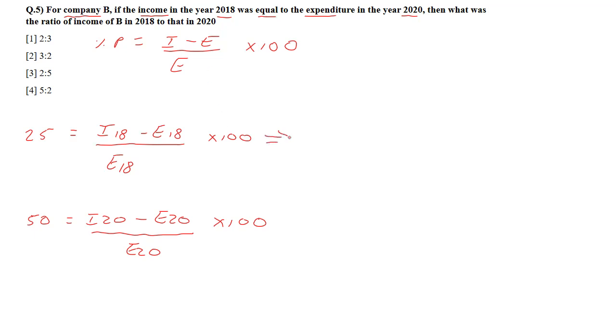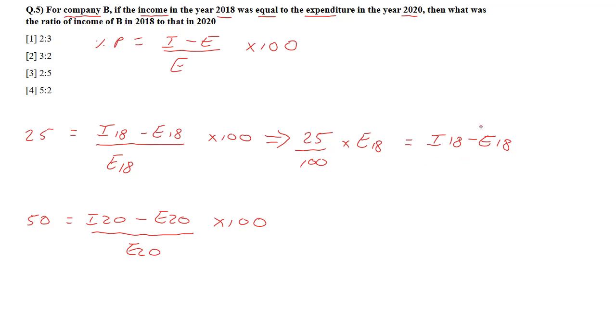Expenditure in 18 is division, goes that side, it becomes multiplication. 100 is multiplication, goes that side, becomes division. We are going to end up with 25 upon 100 into E18, which is equal to I18 minus E18.